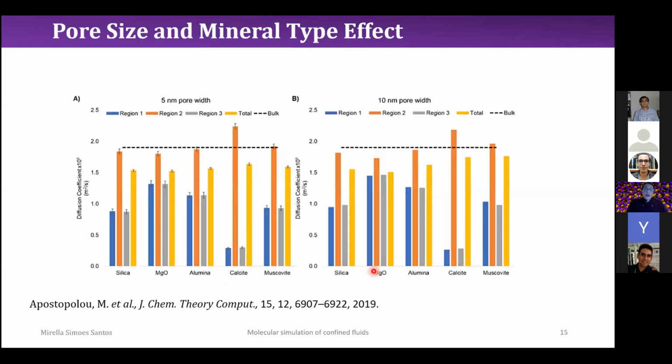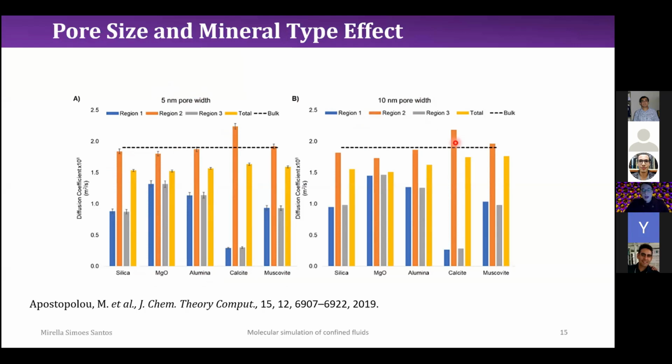So as a comparison, what we have here is for the different minerals and for the different regions. So just remembering region 2, the orange ones are the middle of the pore. So when we compare for the bulk density, here we have diffusion coefficients as a function of different minerals, and we have 5 nanometer pores and 10 nanometer pores, and we see that in the middle of the pore we have almost bulk-like behavior for the different minerals in both pore sizes.